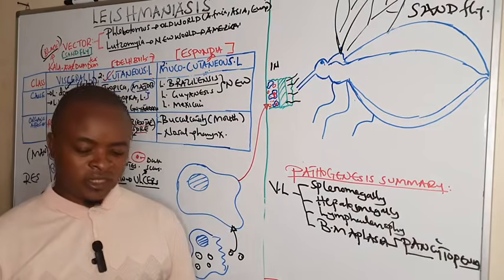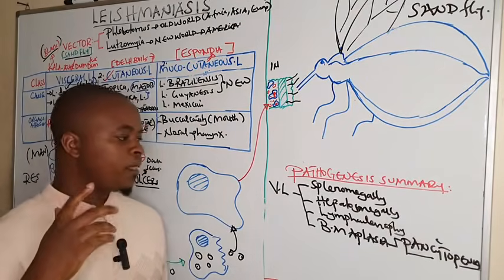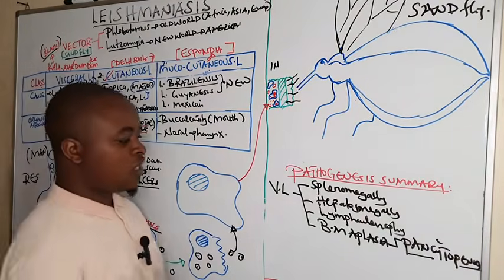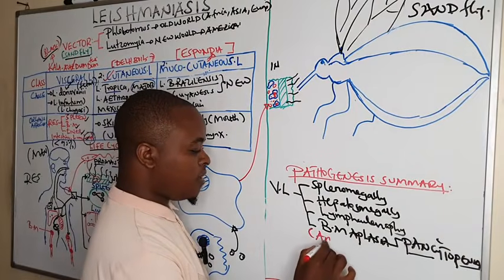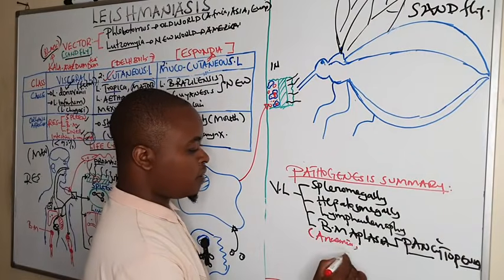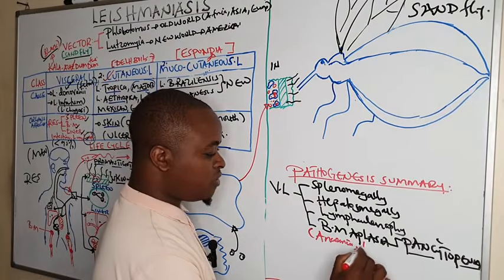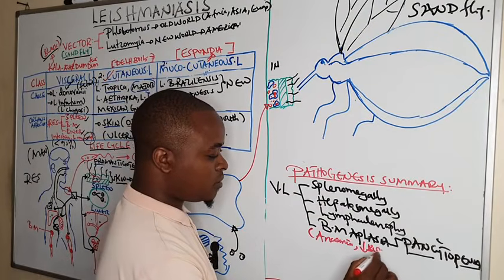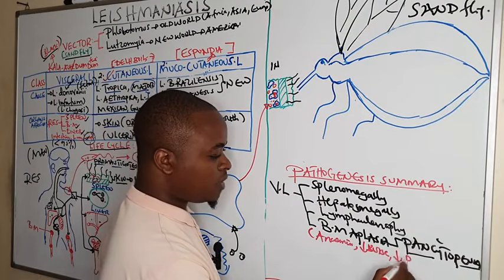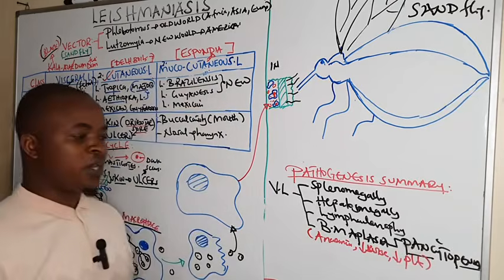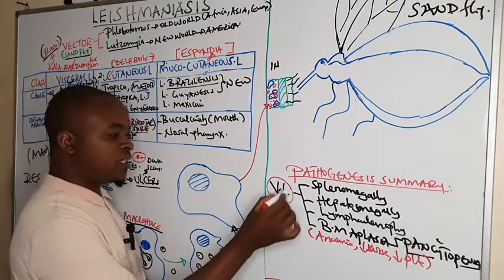So you're going to find someone with visceral Leishmaniasis resulting into both anemia, leukopenia, reduced white blood cell count, and reduced platelets, what we call thrombocytopenia, due to affected organs.